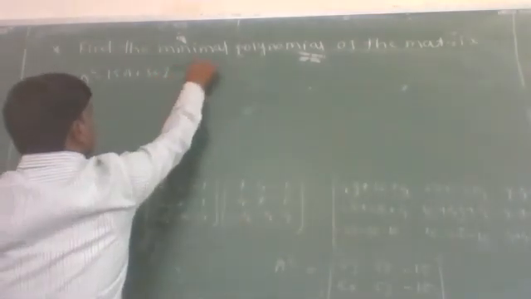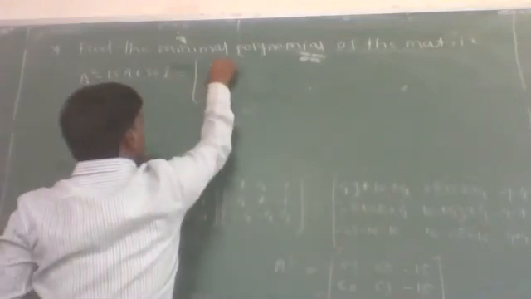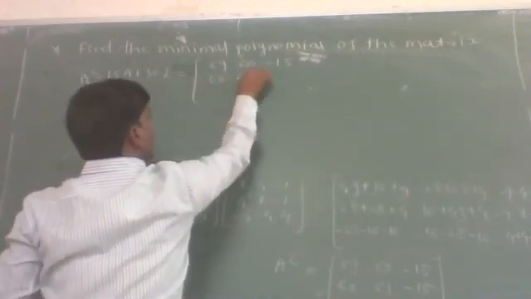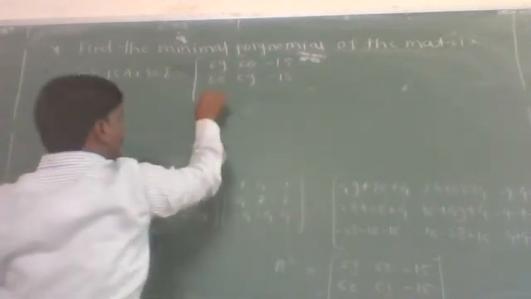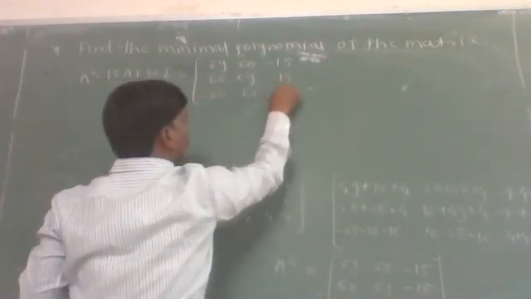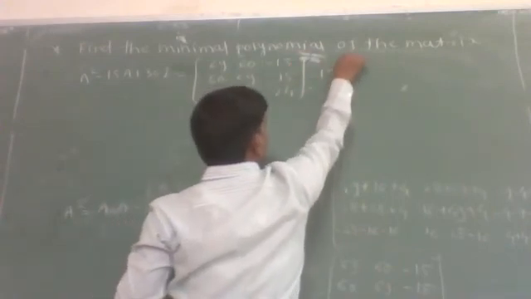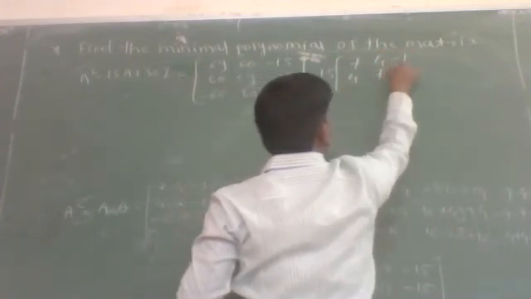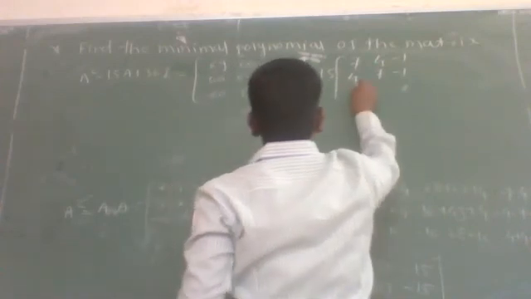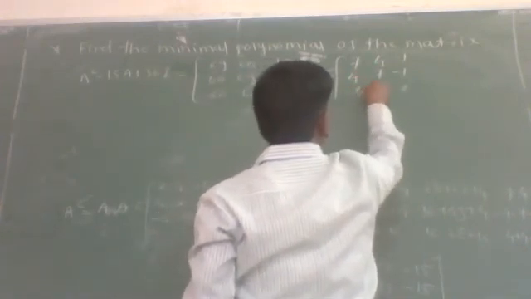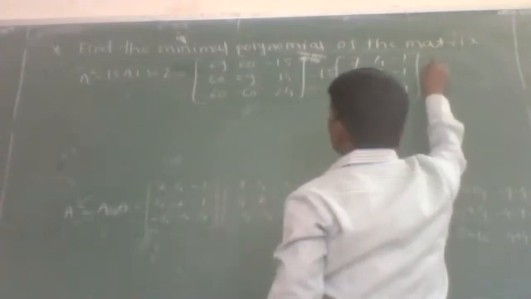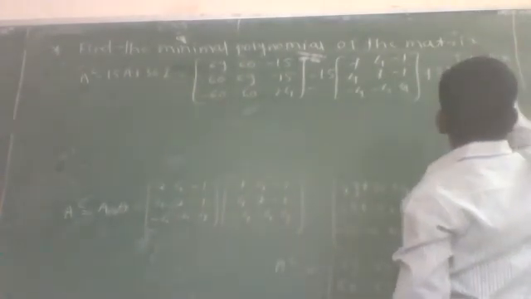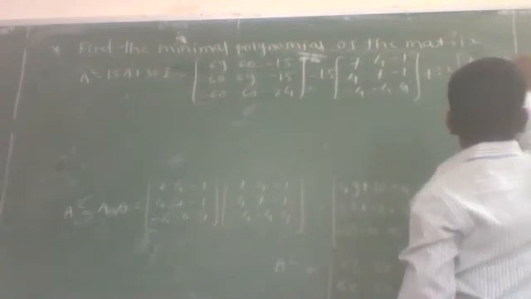A square is nothing but [69 60 -15; 60 69 -15; -60 -60 24], minus 15 into matrix A, [7 4 -1; 4 7 -1; -4 -4 4], plus 36 into I, which is [1 0 0; 0 1 0; 0 0 1].